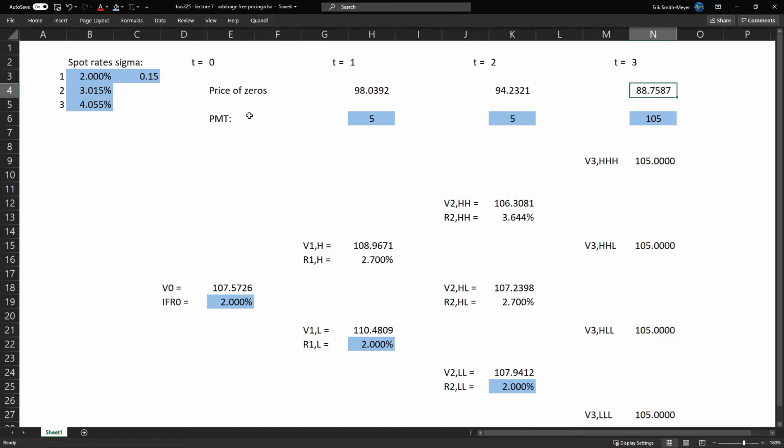So what do we do now? We have to apply a sigma. We have to make an estimate of the dispersion of the interest rate process.